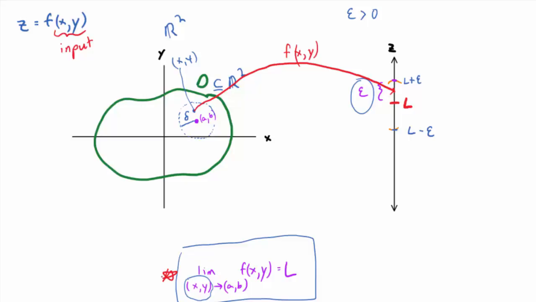But again, don't get lost in all that. All it's saying is this: if this point that I picked is close enough to (a, b), then f of (x, y) is going to be close enough, as close as we want to L. In other words, as (x, y) gets closer and closer to (a, b), f of (x, y) gets closer and closer to L. It's basically the same definition from Calculus 1.